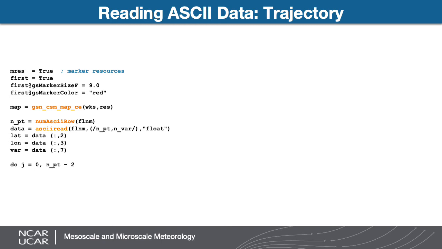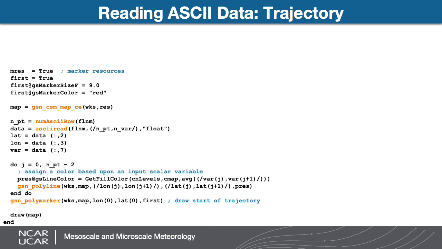Now we're going to loop through every point on this trajectory. So what we're going to do is we're going to assign a color based on the input scalar variable. So we're going to assign a color based on how strong the wind is. So the weaker the wind, the cooler the color, the stronger the wind, the warmer the color. So we're going to set our plot resource for gsLineColor.